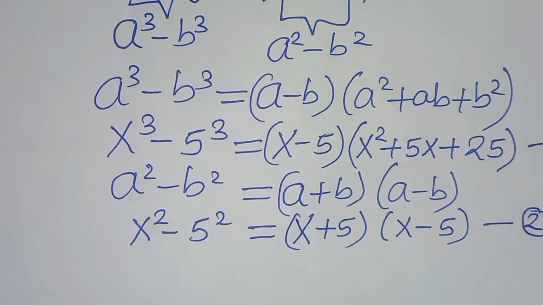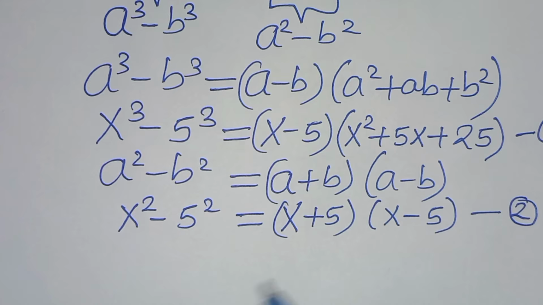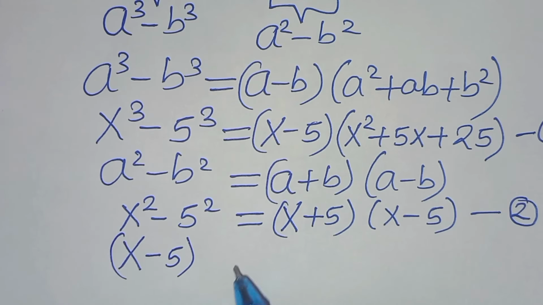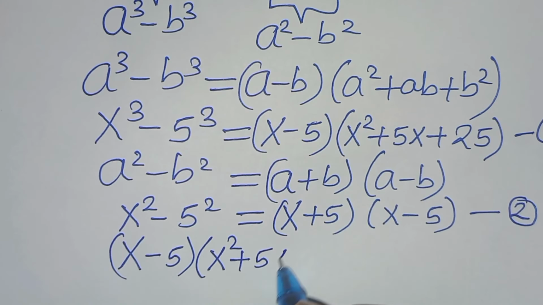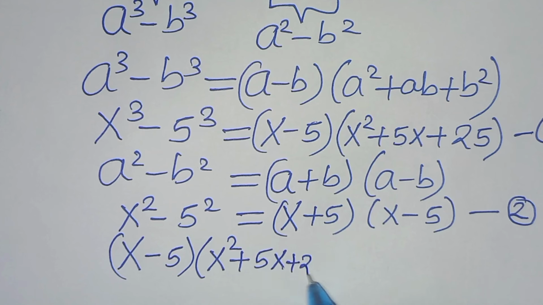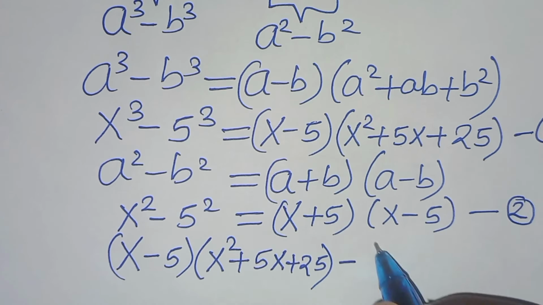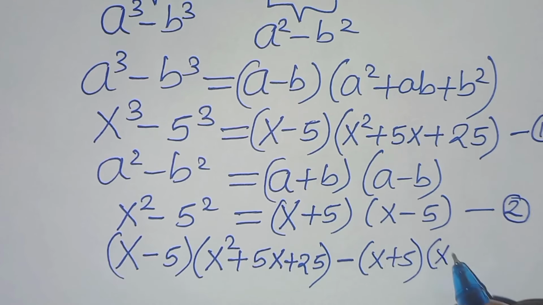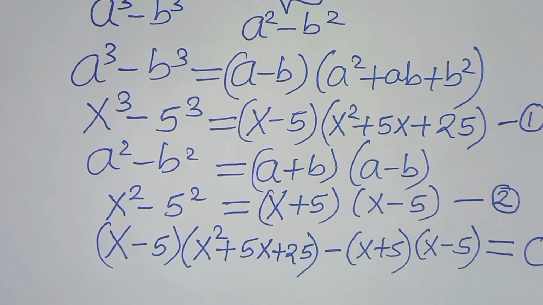Now let's combine equation 1 and equation 2. This is x minus 5 times x squared plus 5x plus 25, then minus x plus 5 times x minus 5. This is equal to 0.